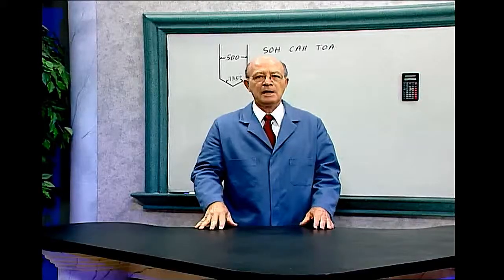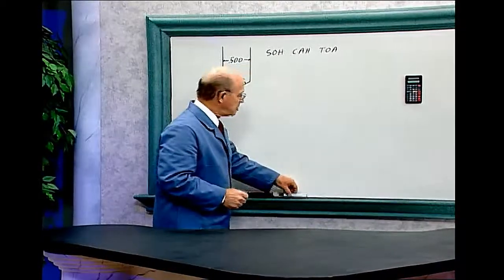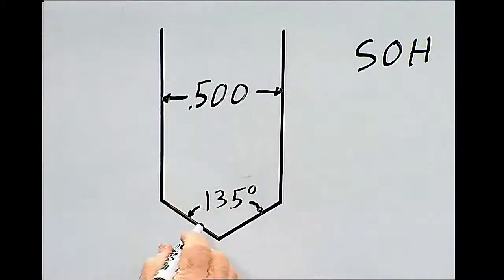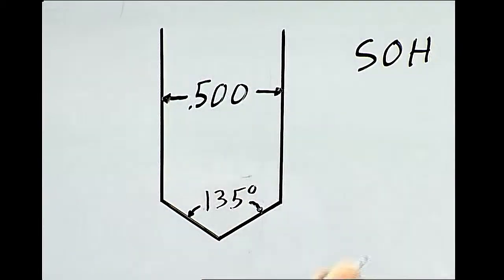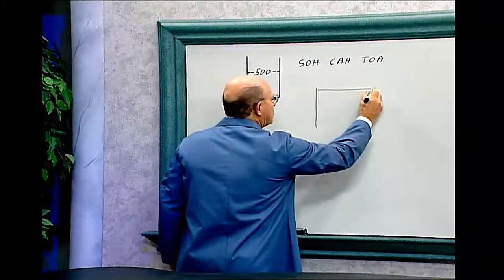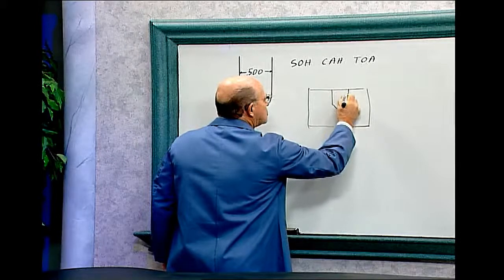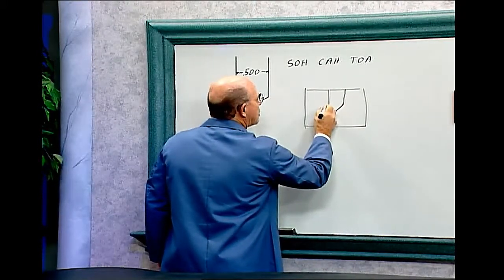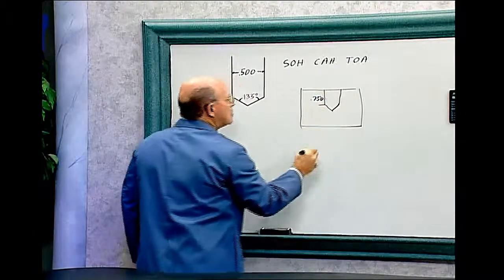Let's look at this problem that Mike was talking about. He was speaking about a drill bit that was 500 thousandths in diameter and had a point of 135 degrees. And when they stipulate on the print, they want this drill to go in a certain depth. They might say they want it to go in, say, 750 thousandths.